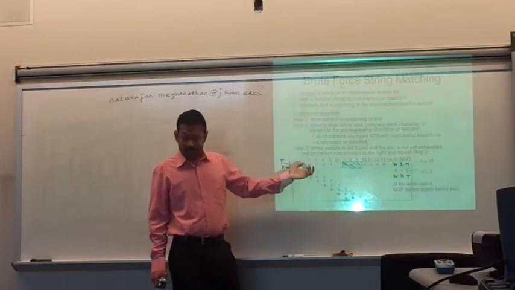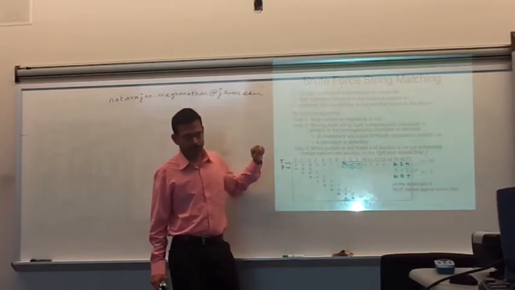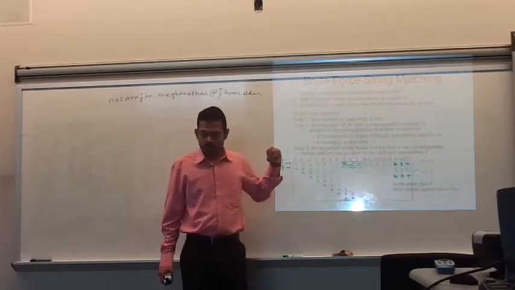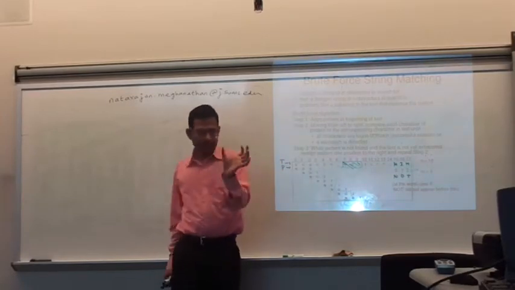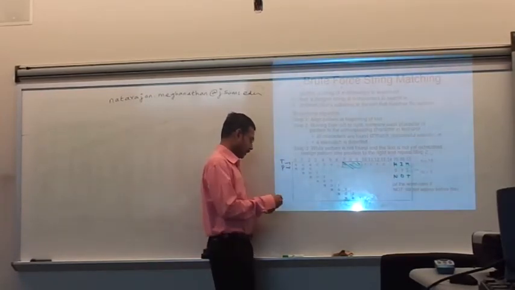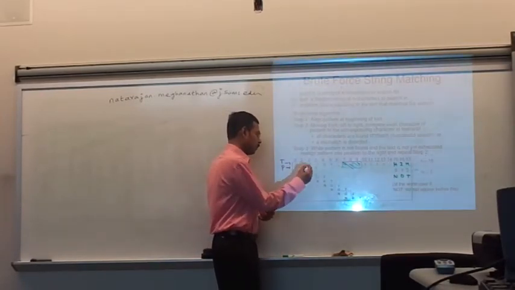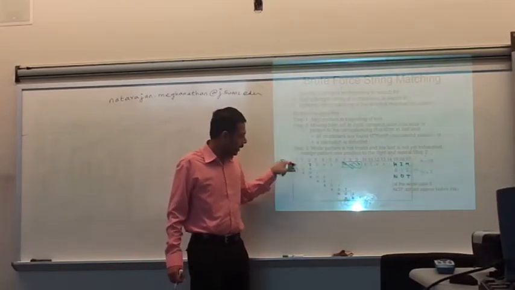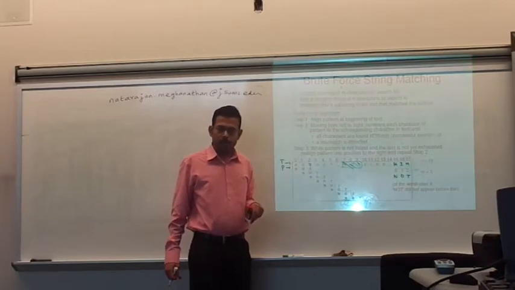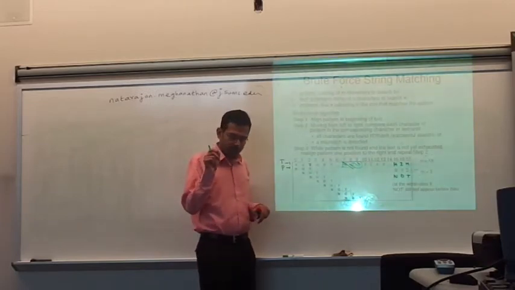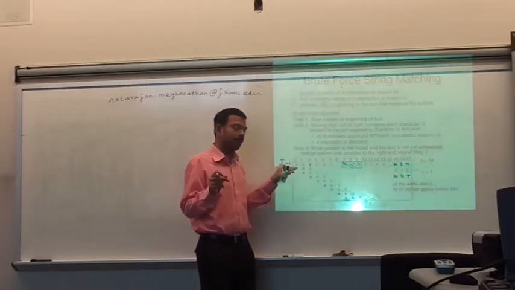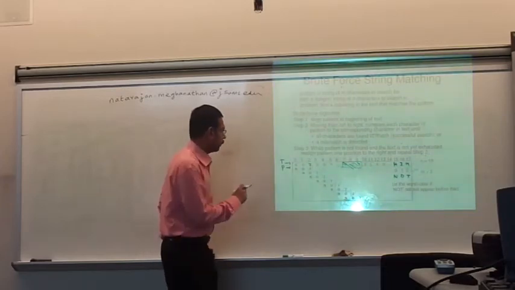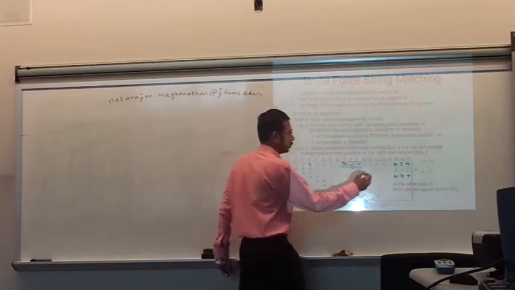So the best case scenario would be what? The pattern appears in the first segment like this. So if it was NOT over here, then NOT will match with NOT here, right? So we still needed to do how many comparisons? 3 in this example, right? So we're going to put some variables here, like I showed here.